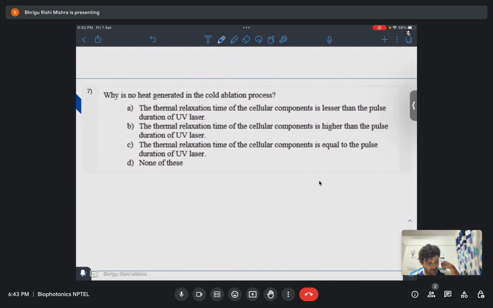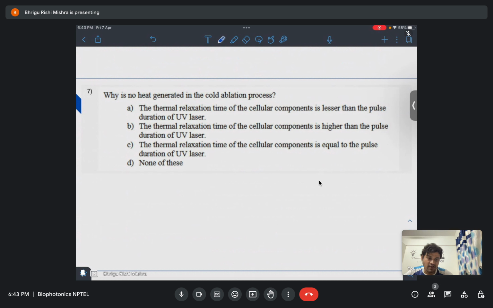Okay, so question 7. Why is no heat generated in the cold ablation process? So cold ablation process occurs in the laser scissor action. Basically, this is the photo ablation. We have discussed the thermal relaxation time in the previous lecture. So thermal relaxation time tells how quickly or slowly an object loses its heat.